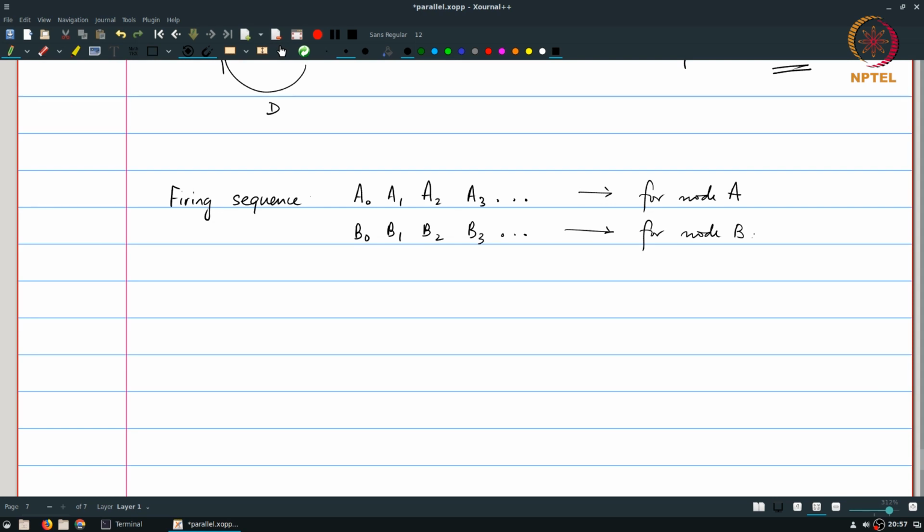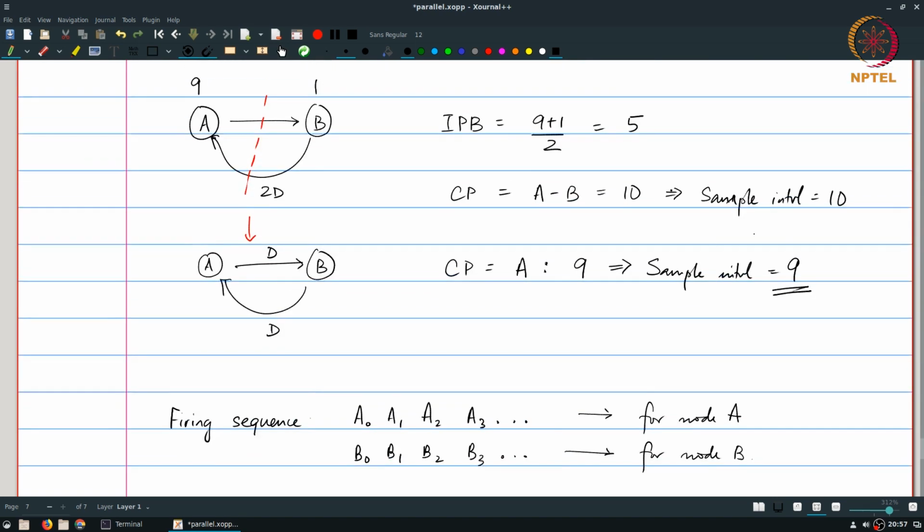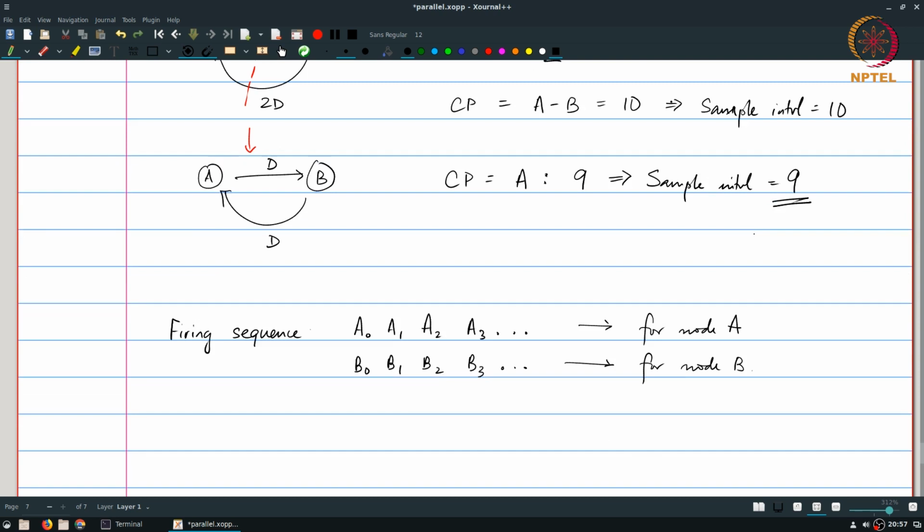Now, the dependencies that we see in the original graph over here before we did the retiming essentially correspond to something like this. B0 depends on A0. In other words, only after A0 has computed, I can then compute B0. Similarly, B1 depends on A1, B2 depends on A2, etc. But what about A1? Does it depend on B0? No, it depends on something which was 2 cycles earlier.